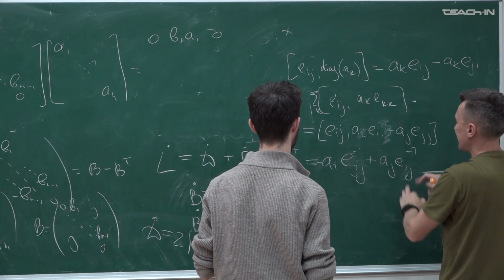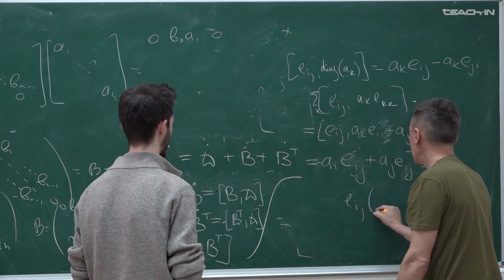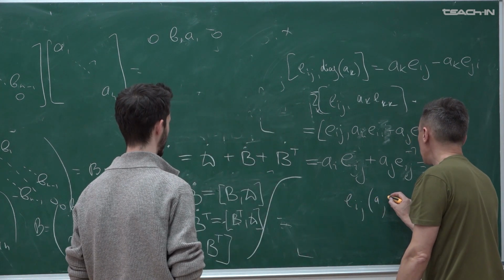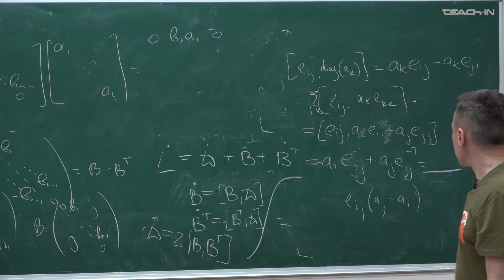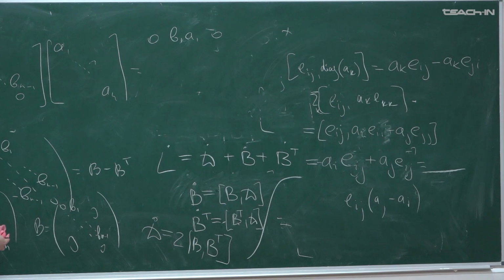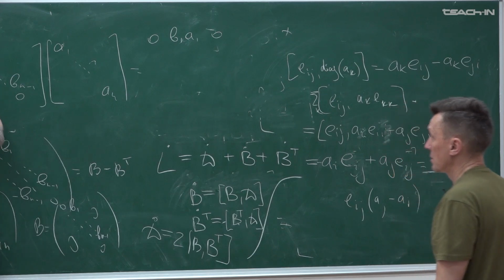This is e_ij, and it is (a_j minus a_i) e_ij. So using this formula, yes, of course.